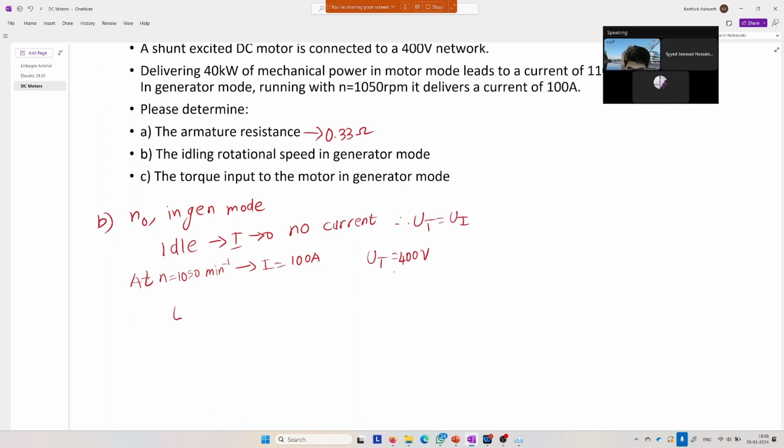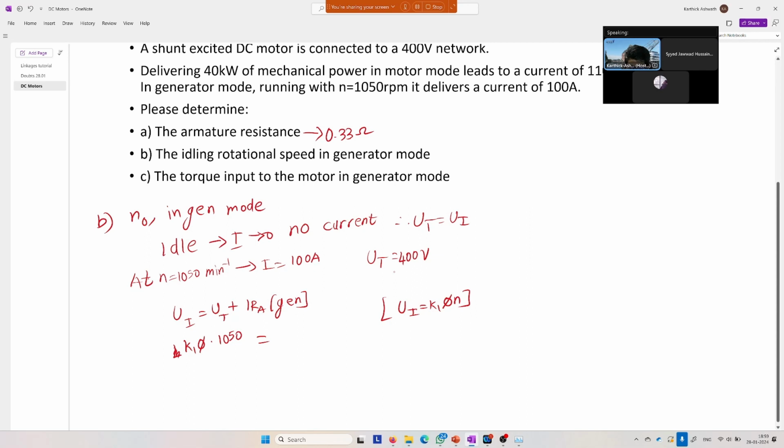So we use the equation UI equals UT plus I RA for a generator. UI equals K1 phi n.